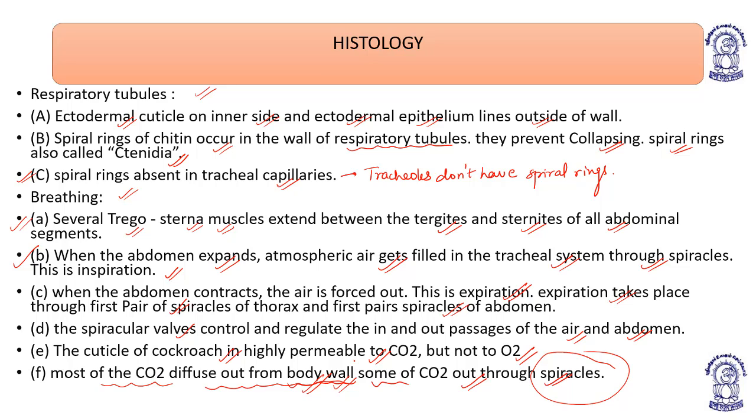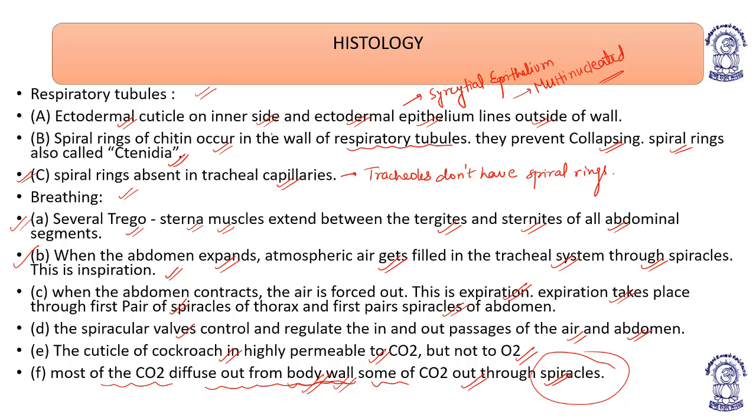Understood? The tracheal wall consists of an outer delicate single layered syncytial epithelium. So you write down the ectodermal epithelium is syncytial, when it is multinucleated. And the inner layer is made up of cuticle.